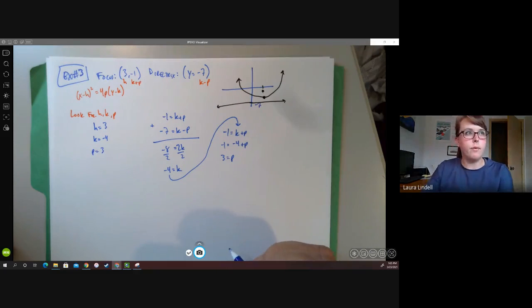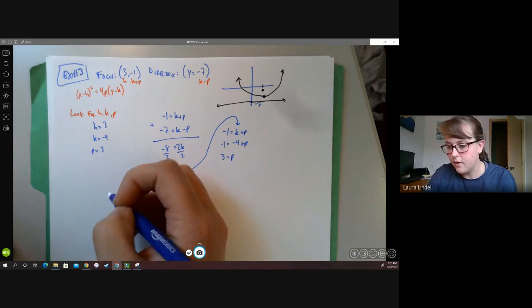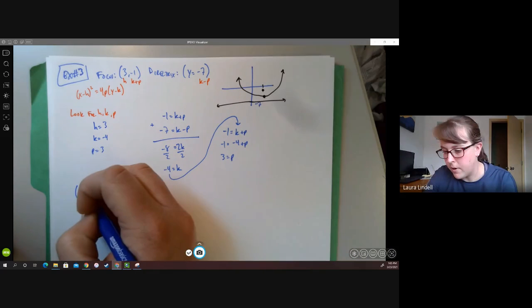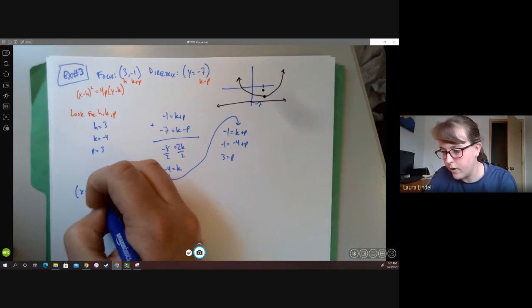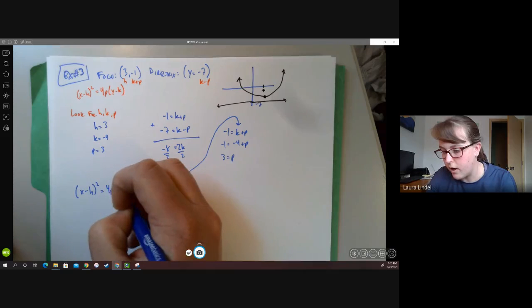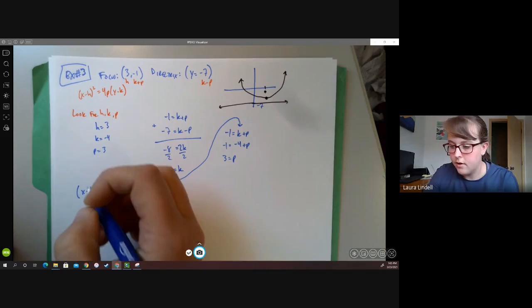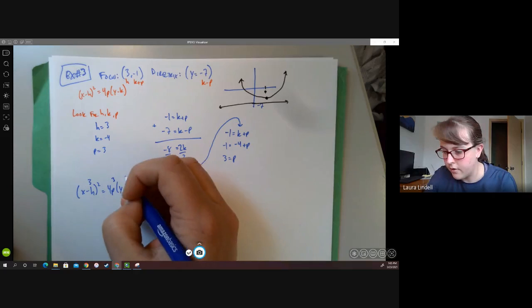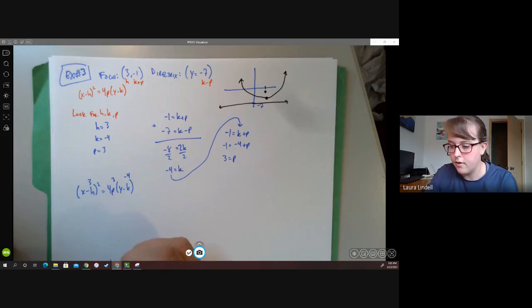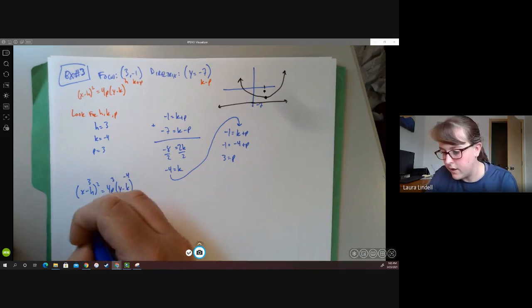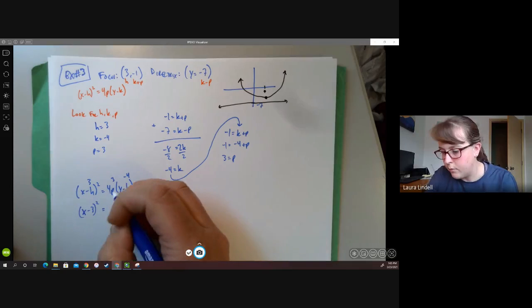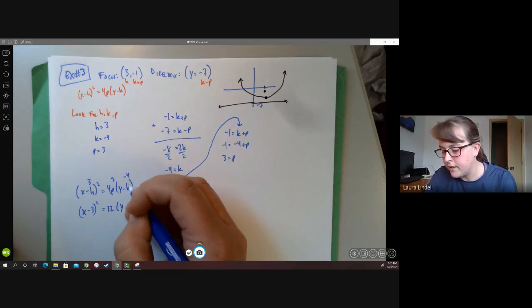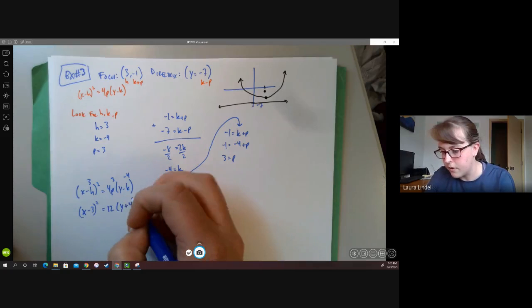And now we can write our equation. (x minus h) squared equals 4p times (y minus k). Plug in a 3 here, a 3 here, and a -4 there. So (x minus 3) squared equals 4 times 3 is 12, times (y minus -4), which is y plus 4.